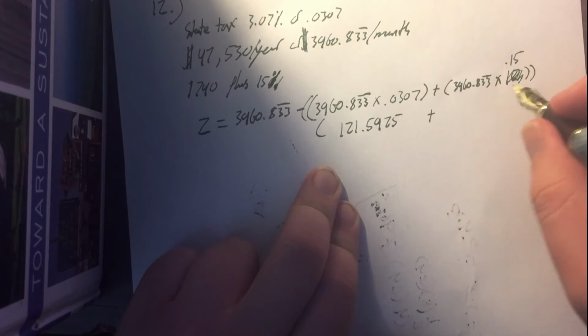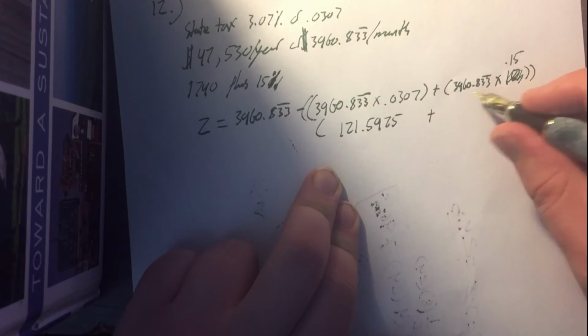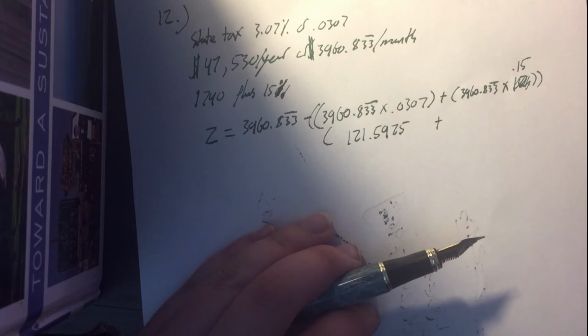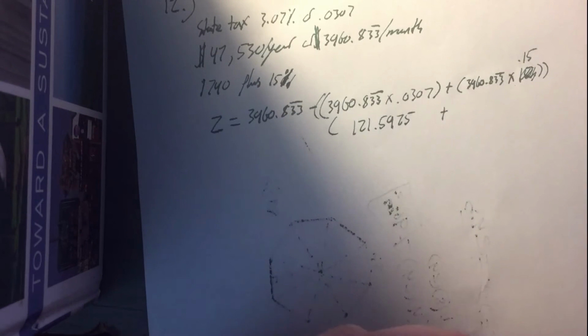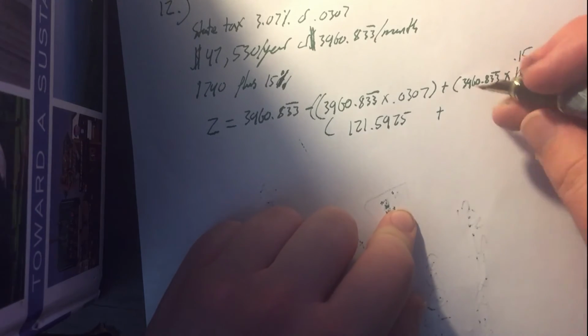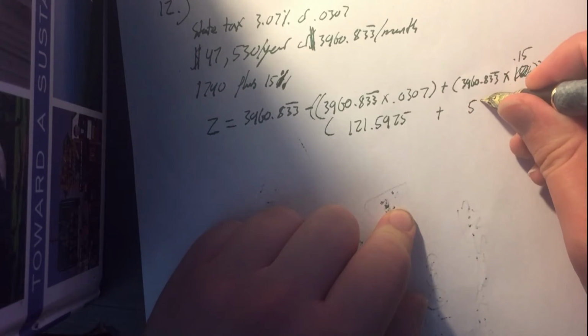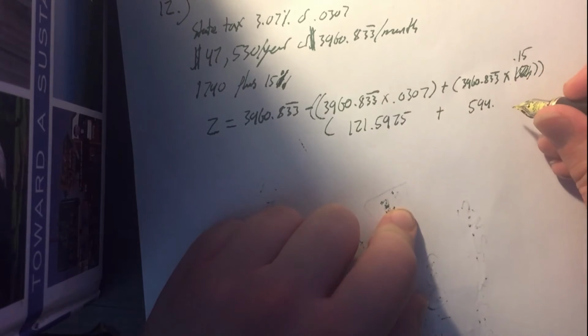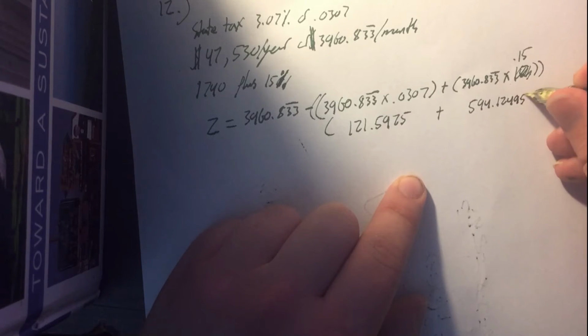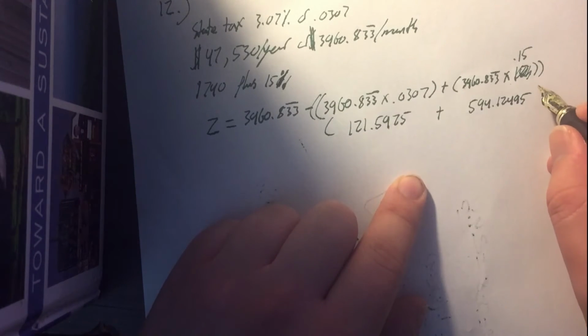Plus, parentheses over here. Now let's do this part. 3,960.833 times 15%, or 0.15. Enter. And we should get 594.12495.